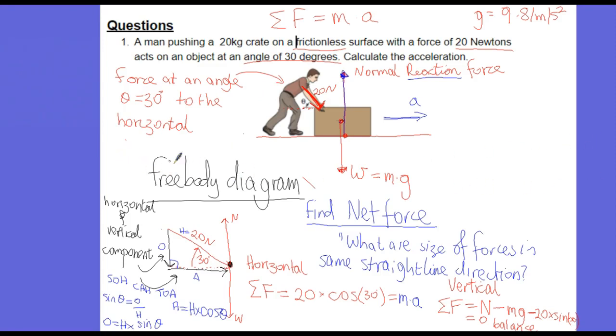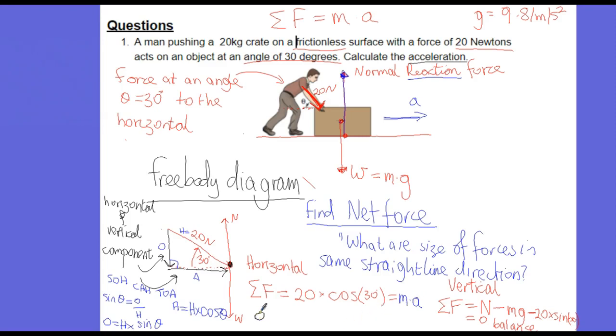Now, the most important part is the goal of the problem. We're told to actually find the acceleration that it experiences. And the only part that is causing the acceleration is the horizontal part of the force. Okay? And so that means our 20 times cos of 30 equals mass times acceleration, from Newton's second law.